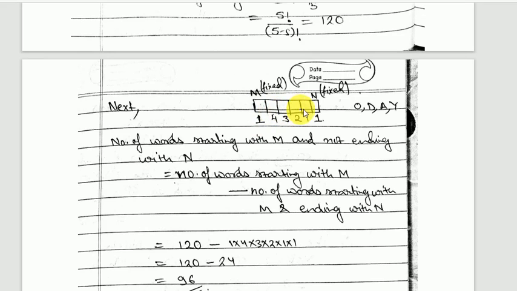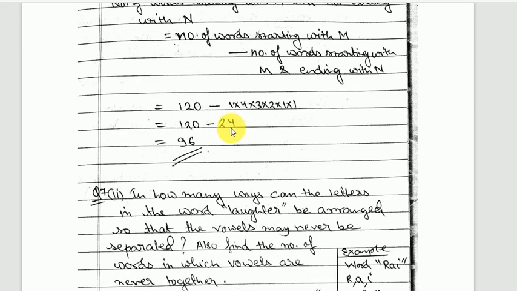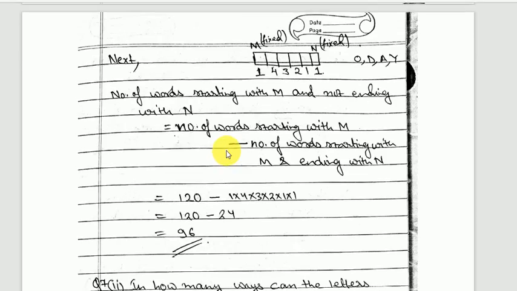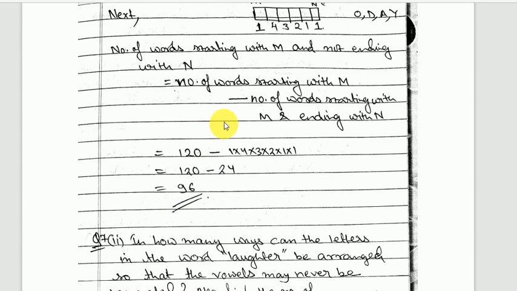That means the remaining four boxes have to be filled by the remaining 4 letters, taking all 4 at a time. So that means 4P4, which comes to 24. So 120 minus 24 is 96. So we can have 96 such words which will begin with M but will not end with N.